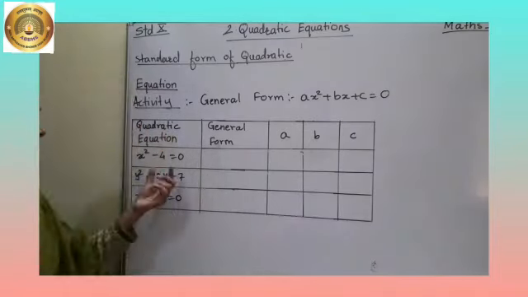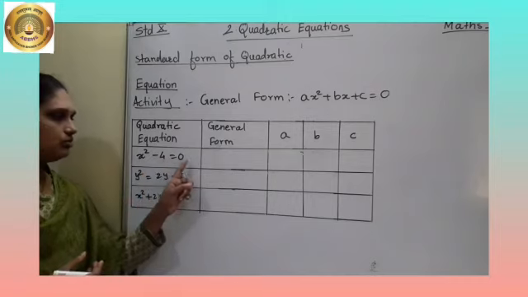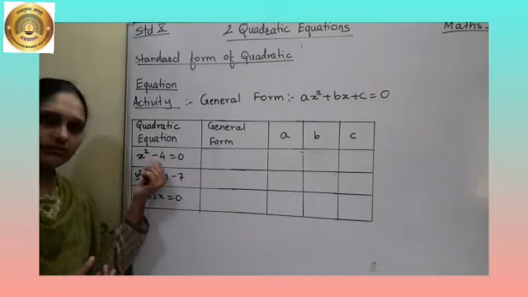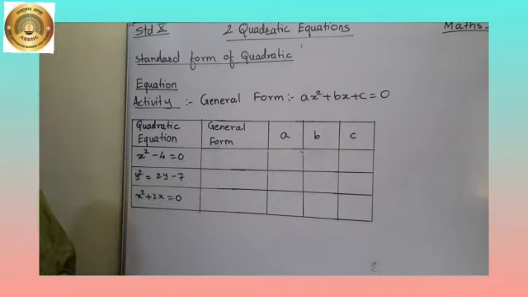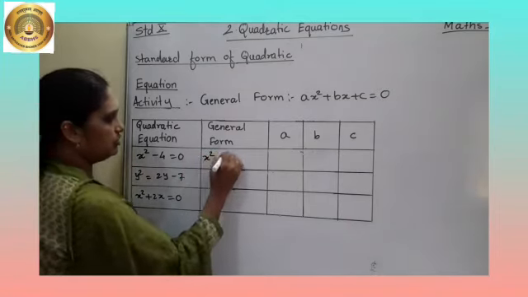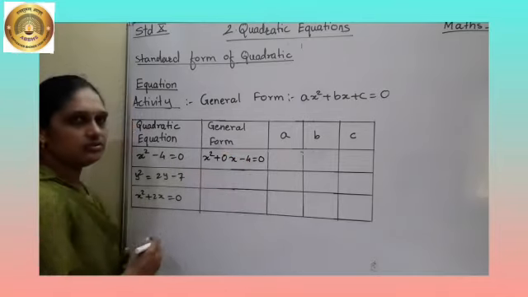Now see the first equation, x square minus 4 equal to 0. Here the middle term is not given, so we arrange it by taking 0. So 0x minus 4 equal to 0.